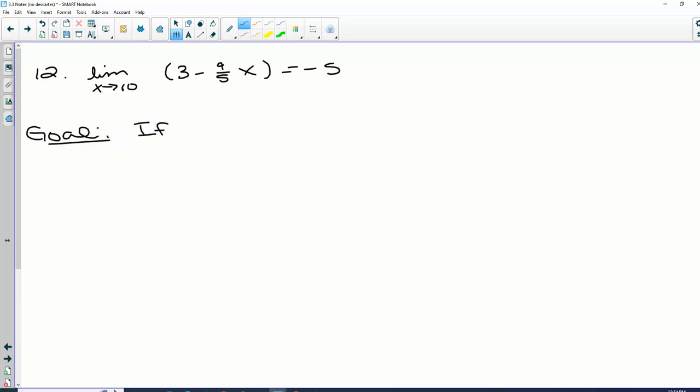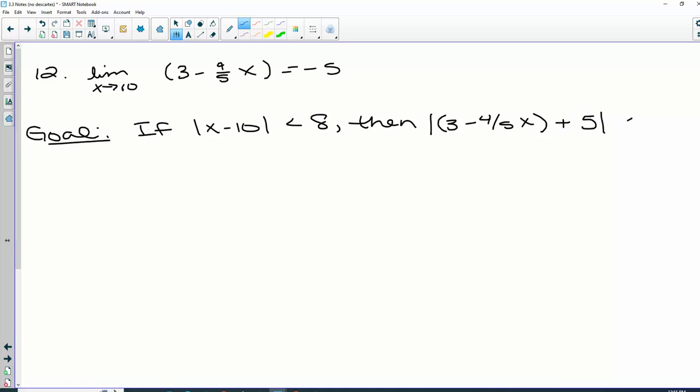If the absolute value of x minus a, here 10, is less than delta, then the absolute value of my function minus my limit, minus negative, will make plus 5, is less than epsilon. Okay, so step 1, we have to find delta. And we do that by working backwards. So we start with that last statement.